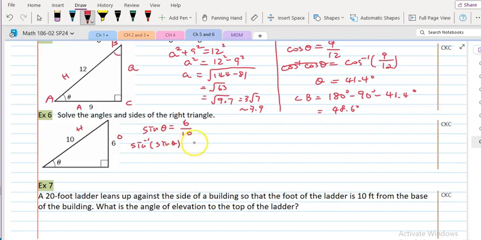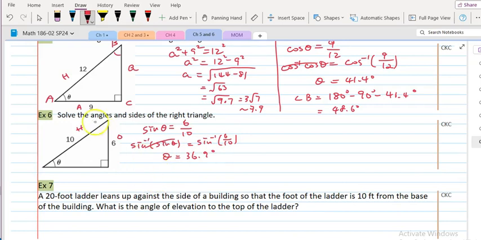Sine and sine inverse cancel. Now I have theta. Theta is sine inverse 6 over 10. So we put in second sine inverse 6 over 10. I got 36.9.